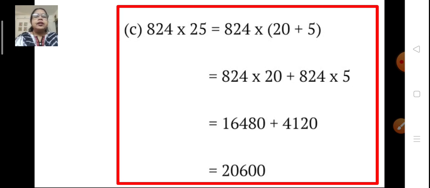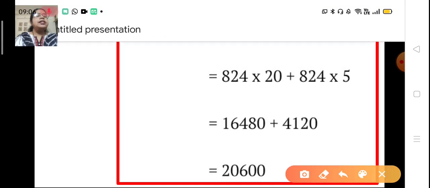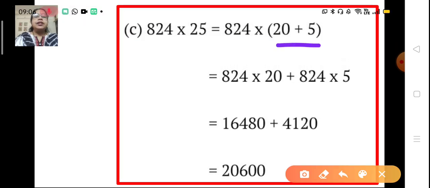Now, let us move on to the next problem. It is 824 multiplied by 25, which can be written as 824 multiplied by 20 plus 5. 25 can be written as 20 plus 5, isn't it? Now, using distributive property, we can multiply 824 by 20 as well as by 5 and then we add them.